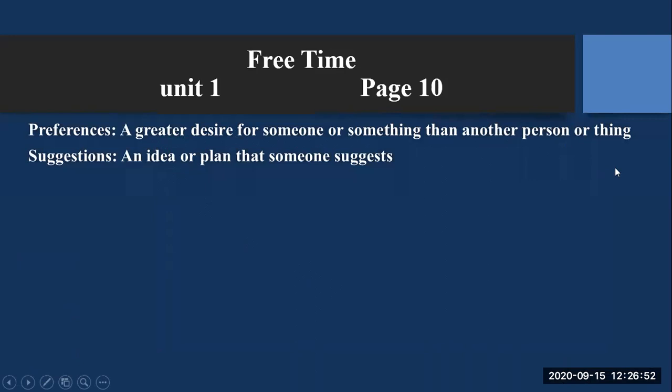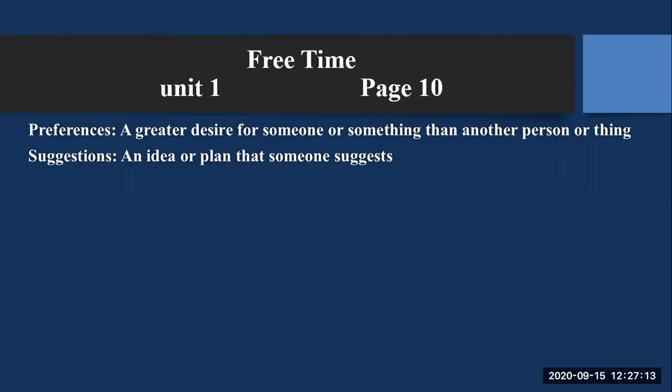For example, you have two choices and you choose A over B. It means you have a greater desire for A than B. So this is called preference, that you choose someone over something or something over something else.